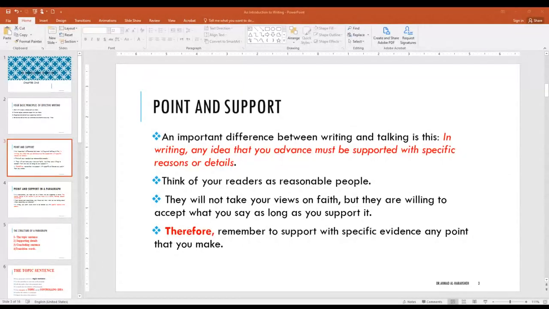Imagine you are talking about a short story or a novel or a poem, especially in literature, and you present an idea that the author believes in capitalism. You should quote a sentence from the context provided for you as evidence.